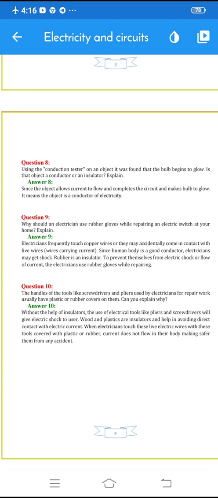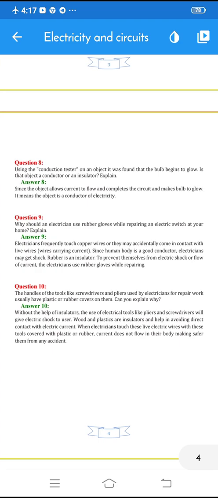So they help to avoid direct contact with live wires or electric current. Suppose any live wire is there, and the electricians touch it while repairing with tools like pliers and screwdrivers covered with plastic or rubber.